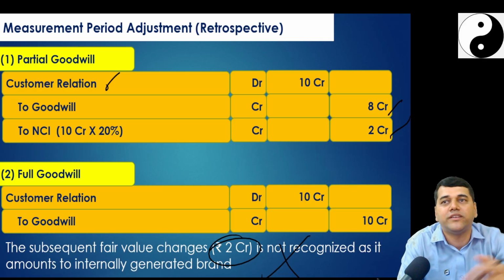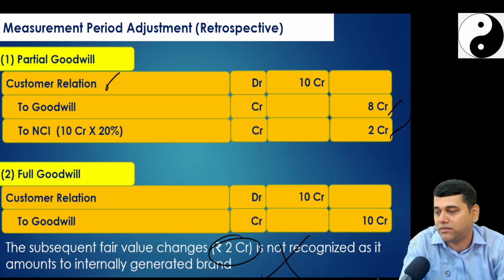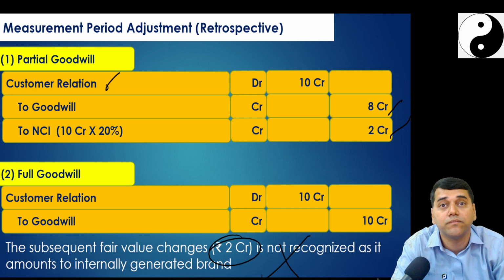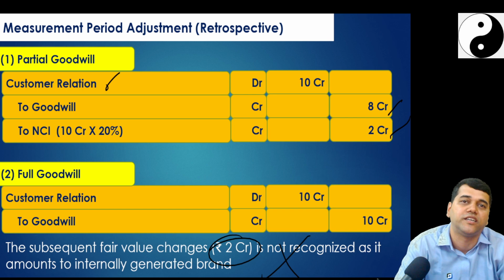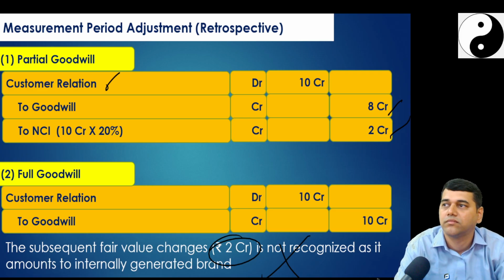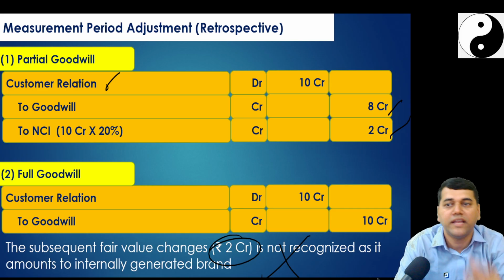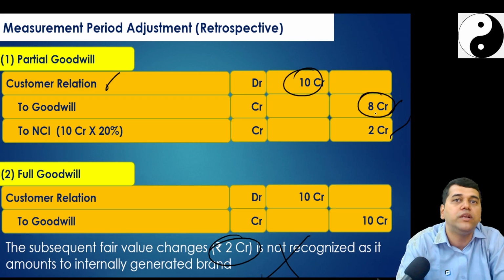Ignore it, because it's internally generated goodwill. CFS? No, because it's internally generated. 10 crore I am going to recognize, and I am going to reduce the goodwill by 8 crores.